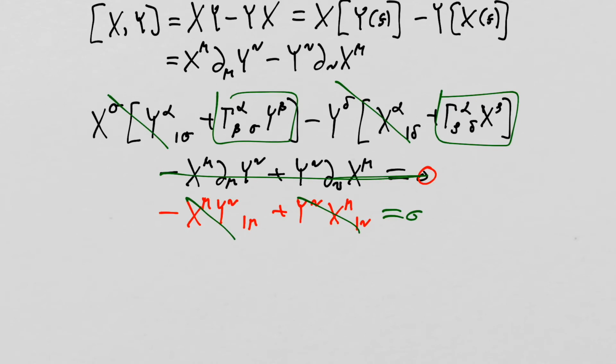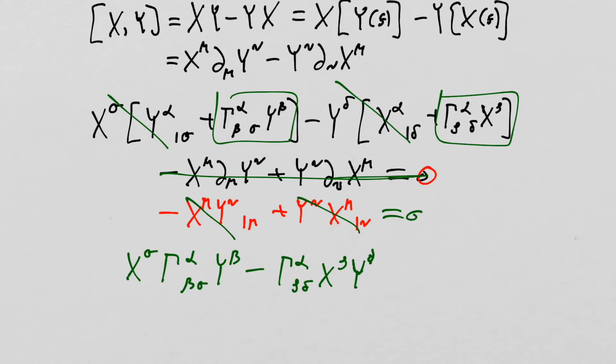And we can write those down, and I'll do it in green. 0 equals gamma alpha beta sigma y beta minus gamma alpha rho delta x rho, and this one has an x sigma, and this one has a y delta, right?